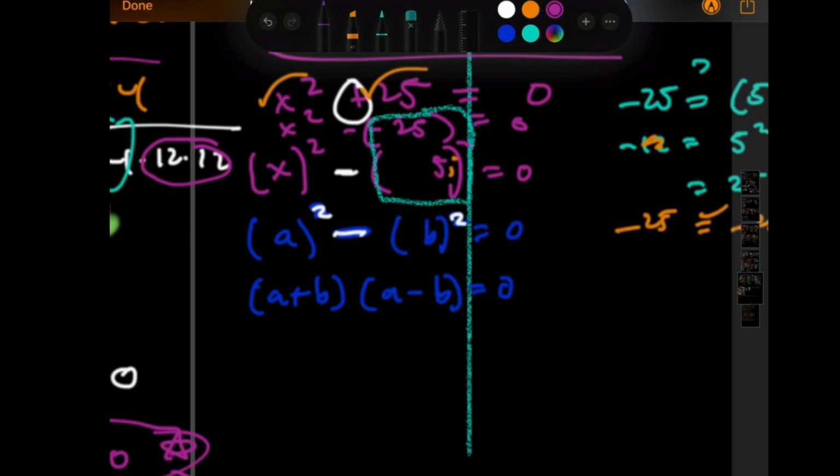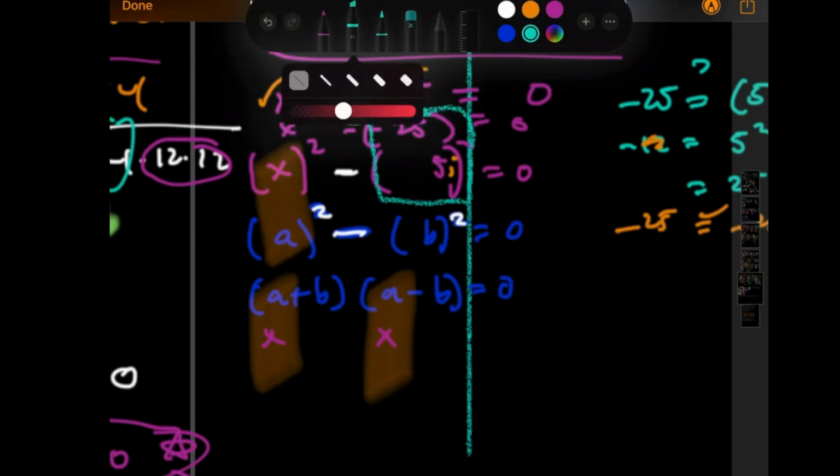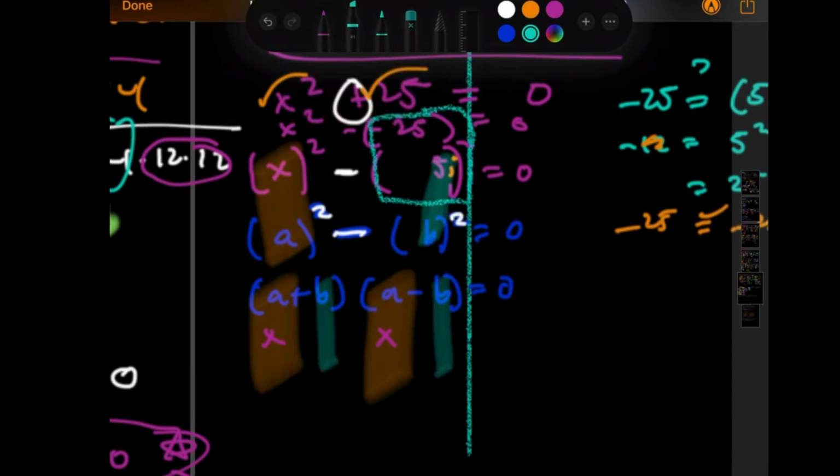So the a value is going to be x. The b value is 5i. And then we can just go back and fill in everything. So x plus 5i, x minus 5i.